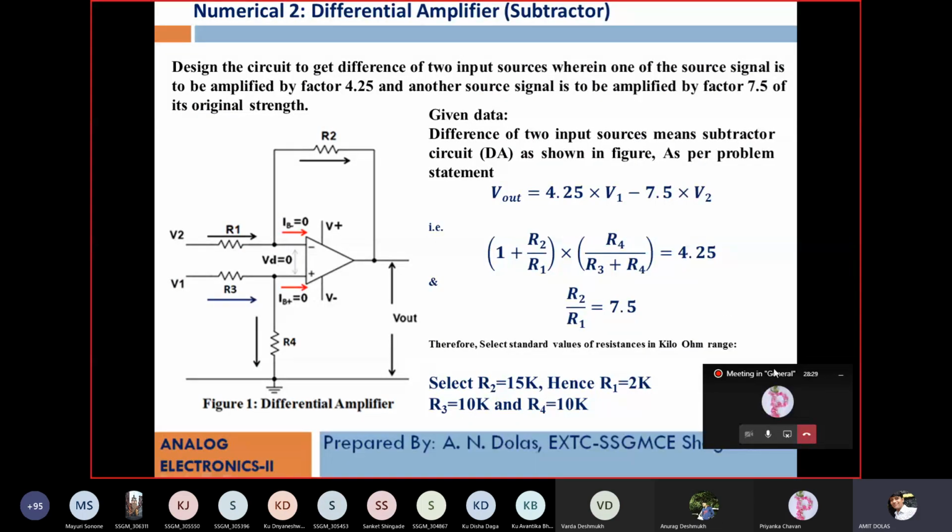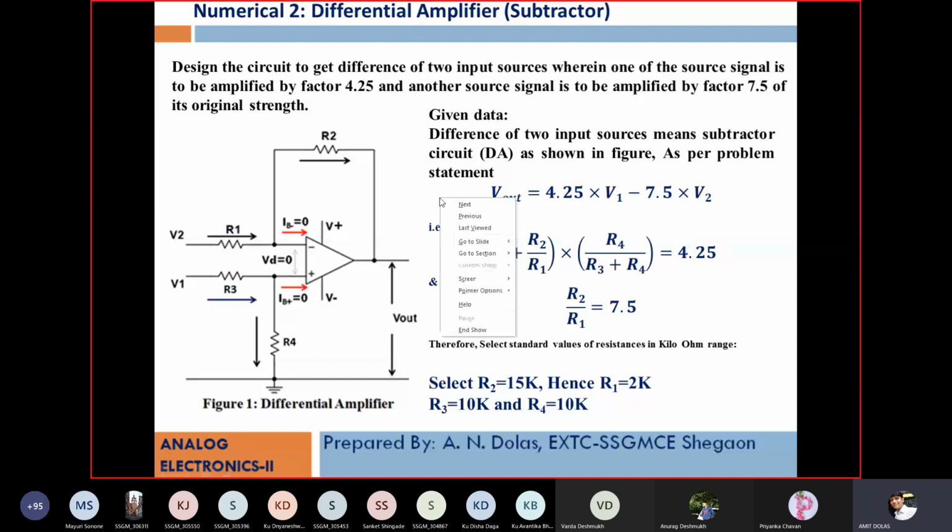Yes, you can see in the PPT. Another factor is 7.5. So Vout is equal to 1 plus R2 upon R1 into R4 divided by R3 plus R4 into V1 minus R2 by R1 into V2.